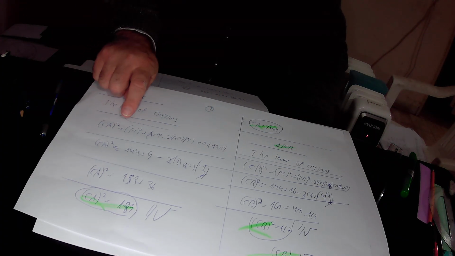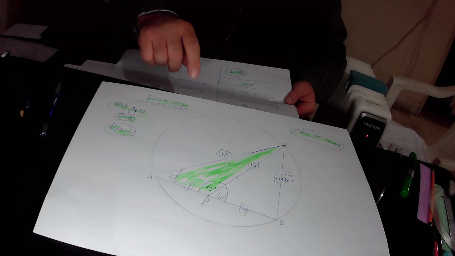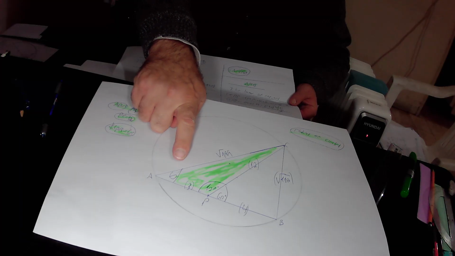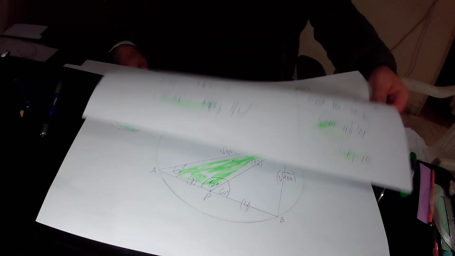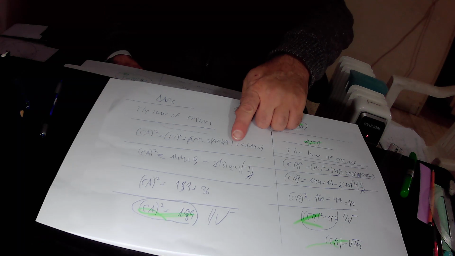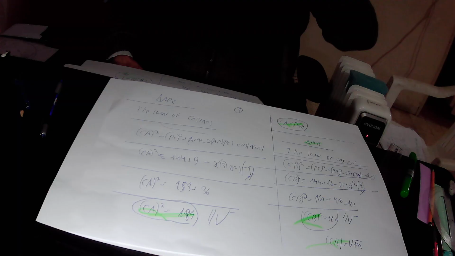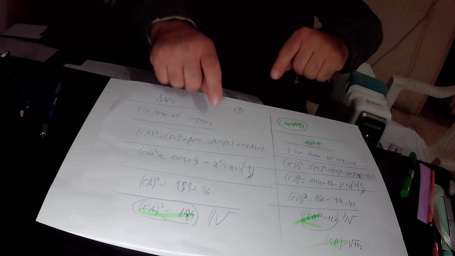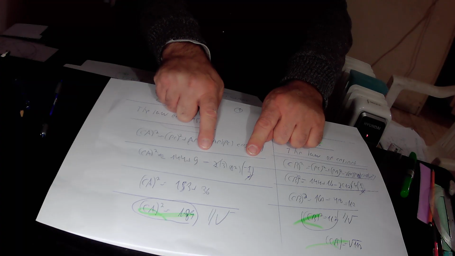So here we found that CA squared equals 144 plus 9 minus 2 times 3 times 12 times cosine 120 degrees. And cosine 120 degrees is minus 1 half. We have 2 in the numerator and 2 in the denominator, so the 2 gets cancelled. Minus times minus is plus.